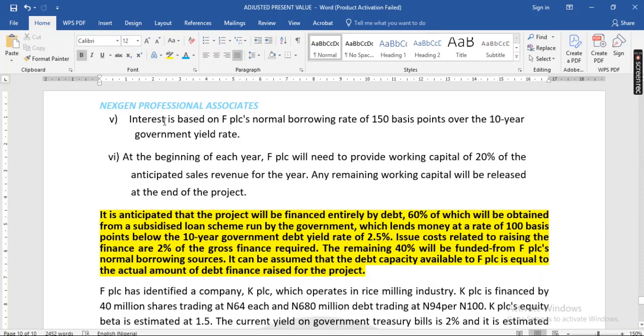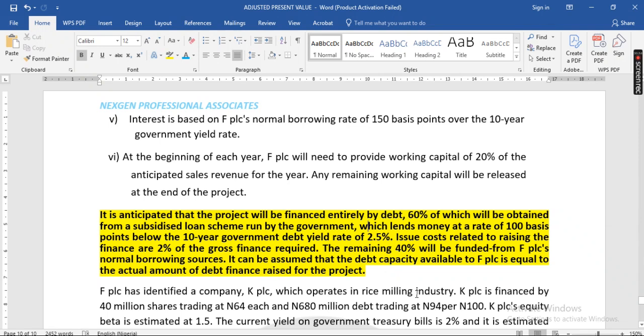And the normal borrowing rate of FPLC is 150 basis points. The remainder, which is 40% of the total amount, will be funded from FPLC normal borrowing. It can be assumed that the debt capacity available to FPLC is equal to the actual amount of debt finance raised for the project.